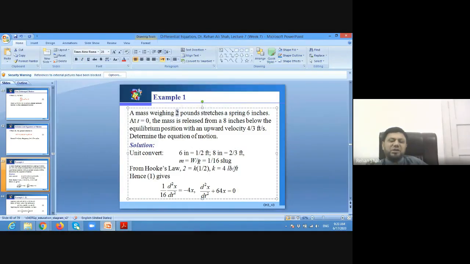What is g? g is not 32 meter, g is 9.8 meter per second square, but in feet this is 32 feet per second square.